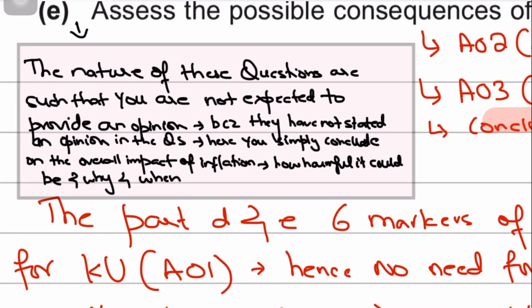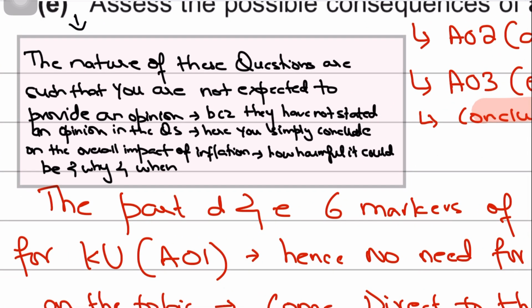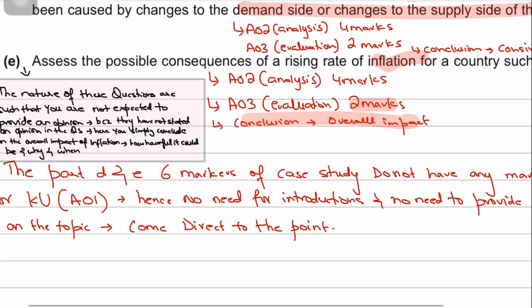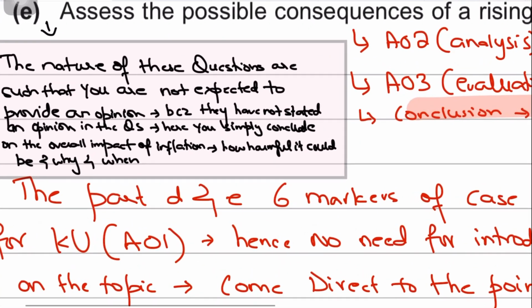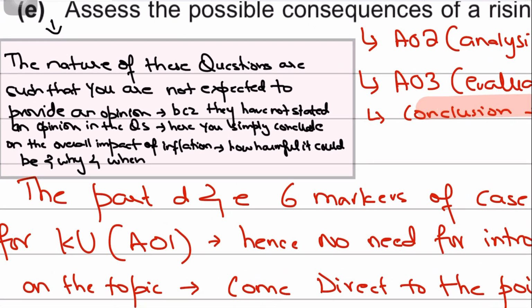Again, remember that the nature of these questions is such that you're not expected to provide an opinion. Because this question could also come in the sense that maybe they could say, assess whether cost push inflation is more harmful than demand pull inflation, or discuss the view that, or consider whether demand pull inflation is more harmful than cost push inflation. Now here you need to form a judgment, which is more harmful, right?